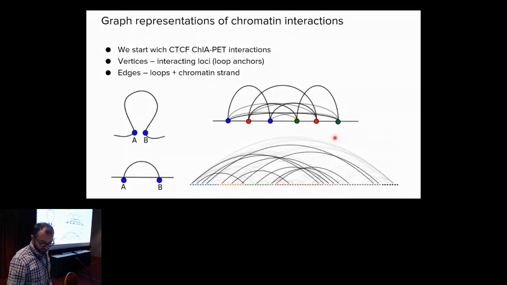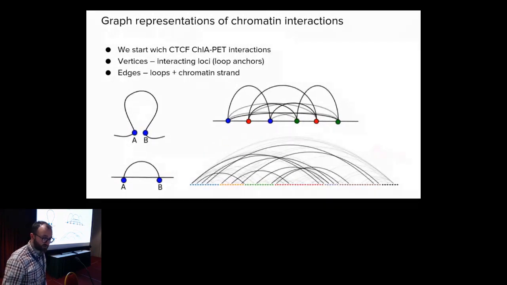And we start with the interactions and construct the graphs in the following manner: if we have a loop which is represented in our data, we create an edge in the graph between two vertices. There are actually two vertices per loop anchor, but this is a very technical detail I don't want to get into. In this way, we create the graph.